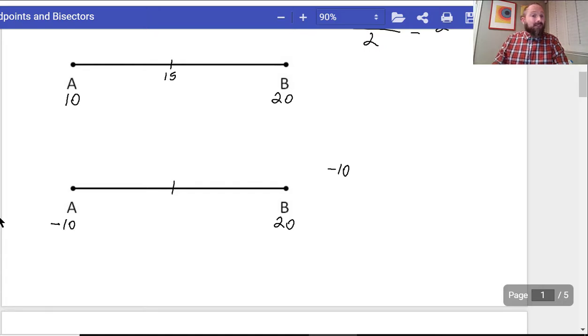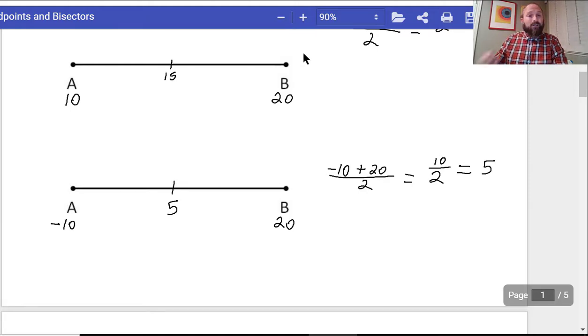On this one variable line, we're going to add negative 10 plus 20, divided by 2. Negative 10 plus 20 is kind of sketchy, guys, so we're going to do 20 minus 10 instead, and we get 10 divided by 2. 20 minus 10 is 10 over 2, and 10 divided by 2 is 5. So the midpoint would be 5. Let's go on.